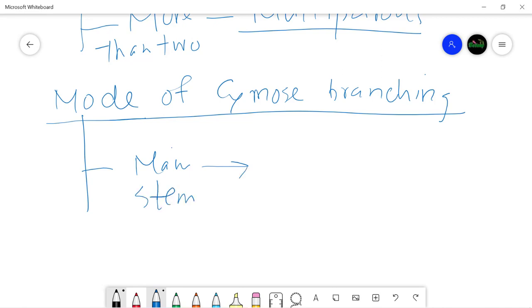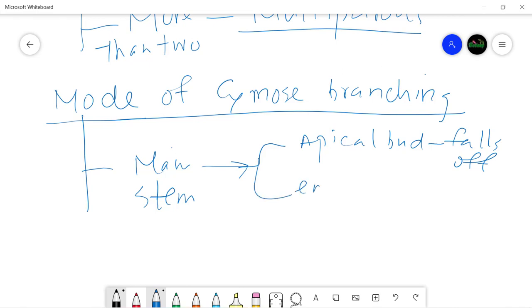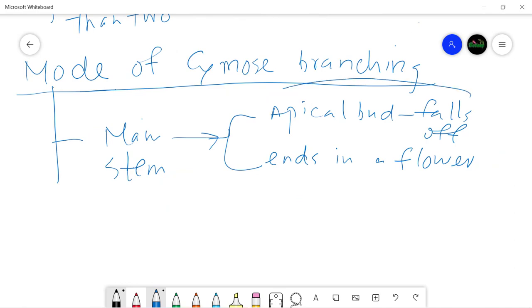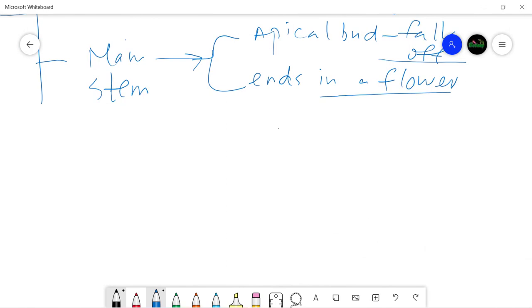There are a couple of reasons that the apex of the stem stops growing, and that is either the apical bud falls off, or it ends in a flower. And when the apex of the stem stops growing, in either case, whether the apical bud falls off or it ends in a flower, it gives off branches below the apex.